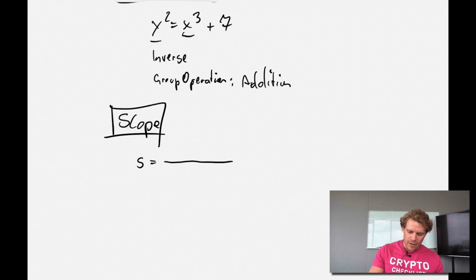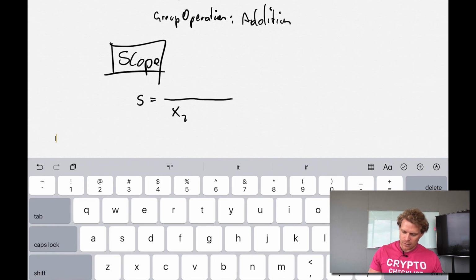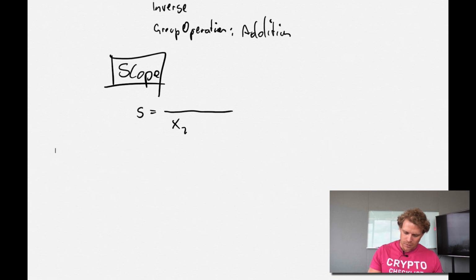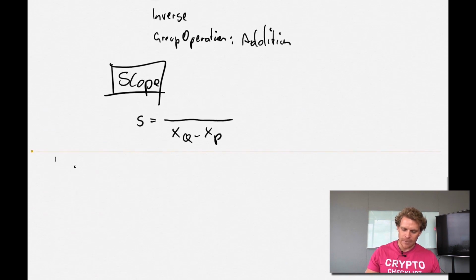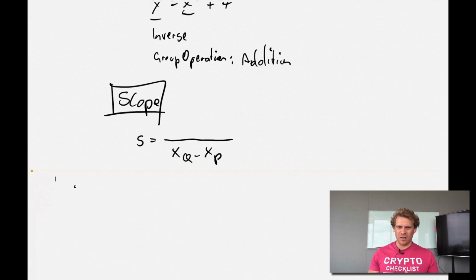So I have x2, or in this case, xQ, of the second point, minus xP. So xQ minus xP on the bottom, and on the top I have the y coordinate.